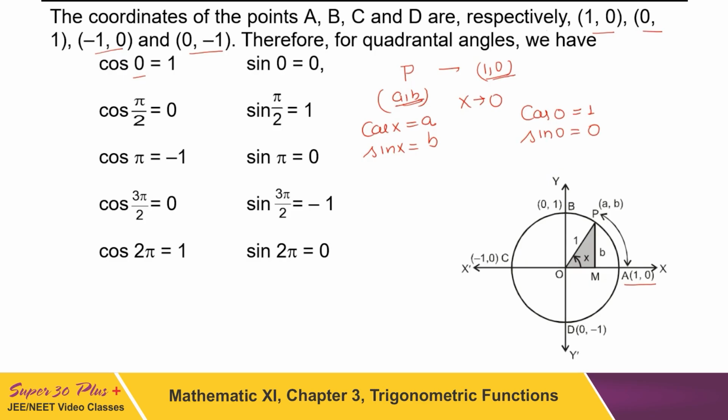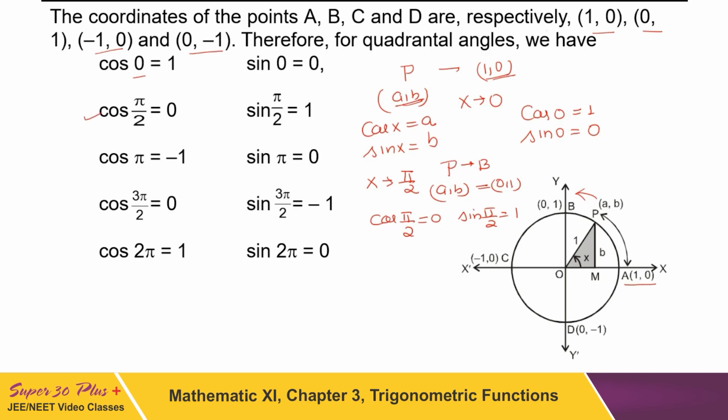If this point P moves towards the B point, then angle x is converted to pi by 2 and point P is transferred to the point B, means (a, b) is shifted to (0, 1). It implies that cos pi by 2 is equal to 0 and sin pi by 2 is equal to 1. This is listed here.